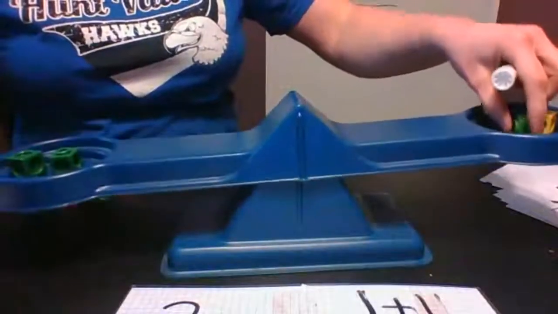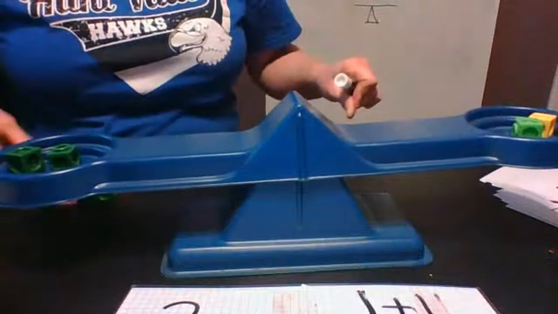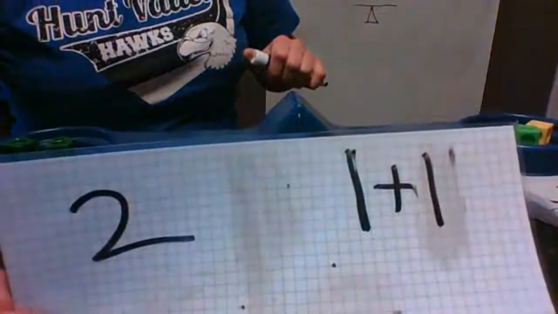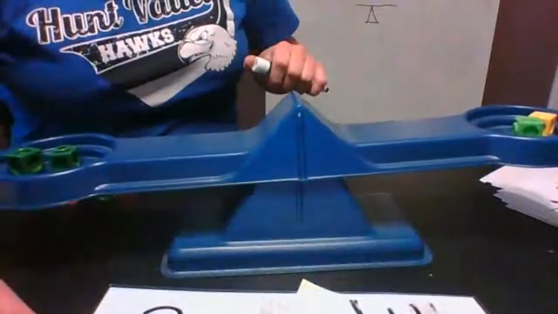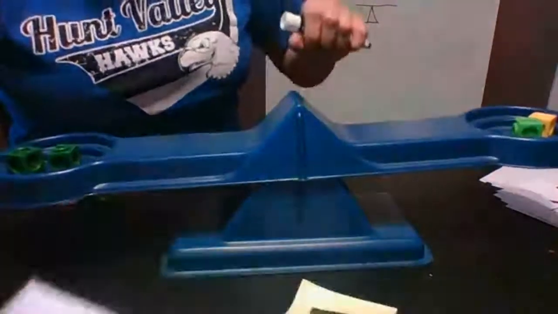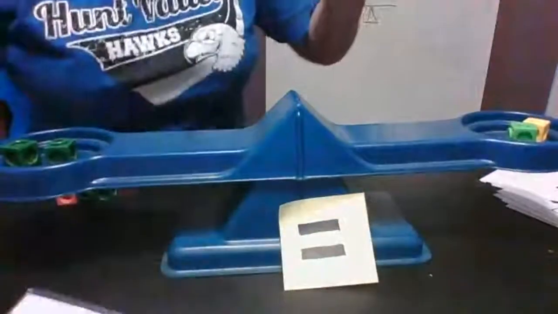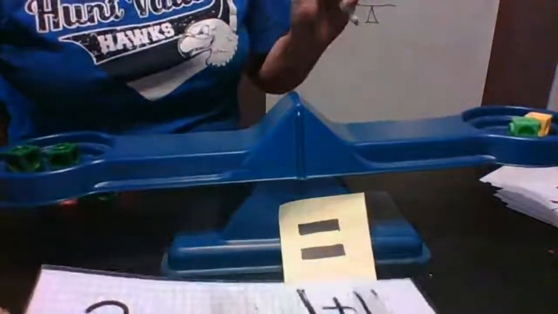Let's see what happens now. Would you say that 2 is equal to 1 plus 1? Does it look like the scale is balanced? It does. I'm going to put my sticker back on because now that is equal.